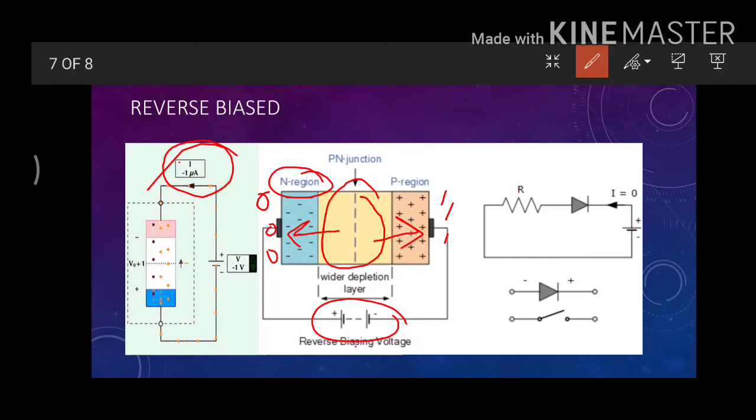This current is flowing due to the minority charges in the p region or the n region. In the p region, minority charges are free electrons, and in the n region the minority charges are holes. Remember we talked about intrinsic semiconductors. They have a thermal capability, or natural capability, of generating free electrons.